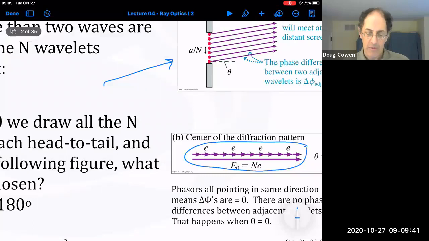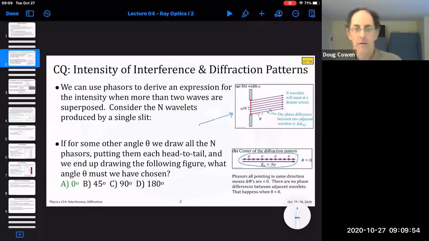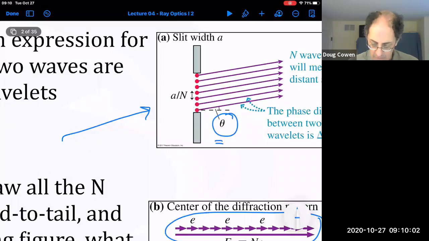And the question was, if that's what the phasor diagram looks like for a whole bunch of waves, then what angle must these waves be making with respect to the faraway screen? And the answer is that it must be making an angle of 0. So in other words, this angle in here must be equal to 0.